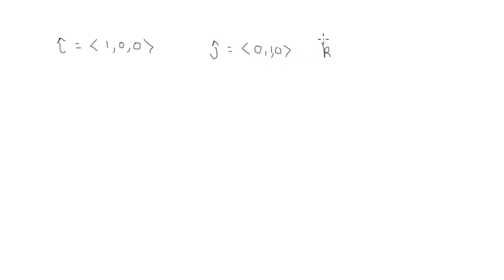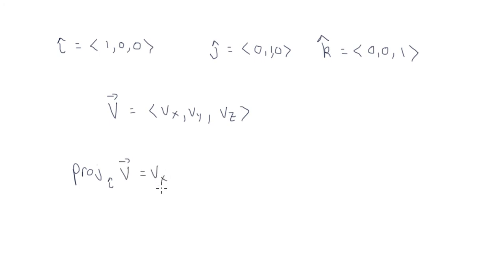And then k hat is this unit vector in the z direction. And so, again, if we have this vector v, and it has these components, vx, vy, vz, well then we can project into the i direction, and that's just going to be vx.